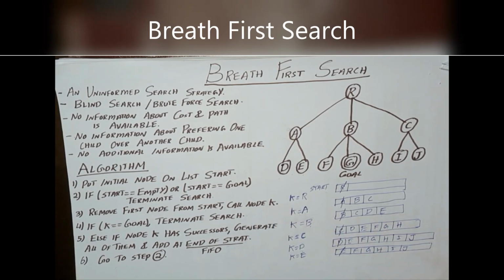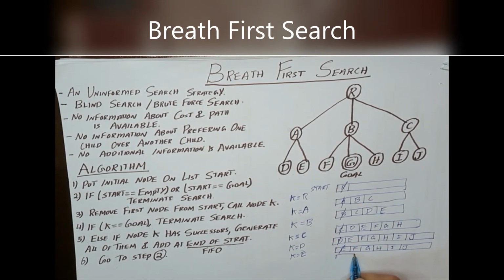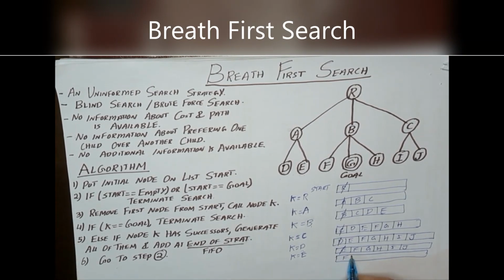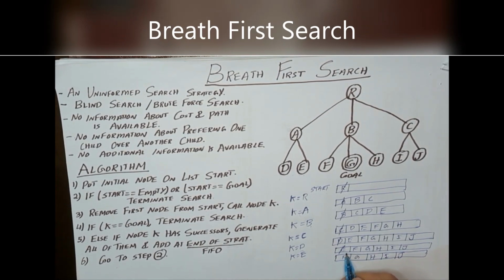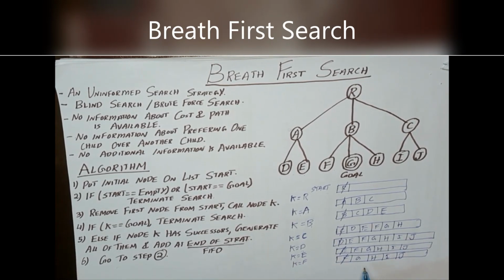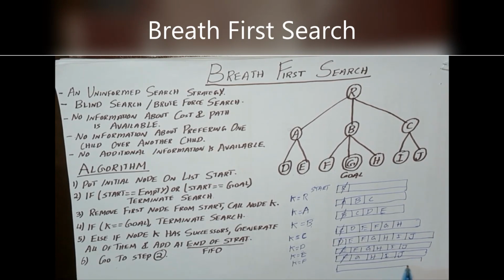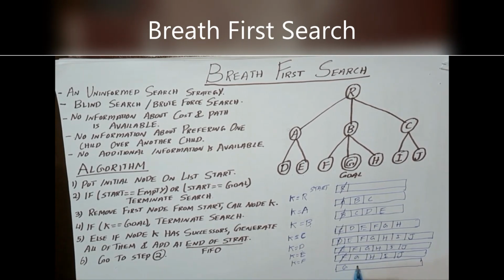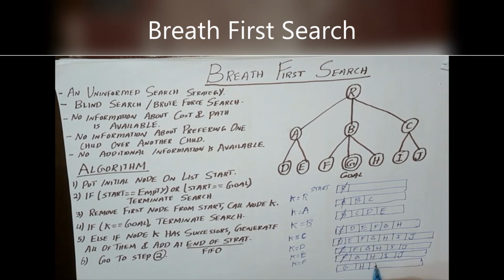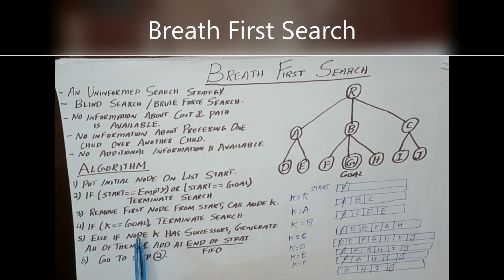Now we will remove again the first node from start and we'll give this value to our variable K. So when we removed E before, the list was like this: F, G, H, I and J. Now we will take away F from this list and we'll assign this value to our K, and the list will be like this one: G, H, I and J. So is K goal?